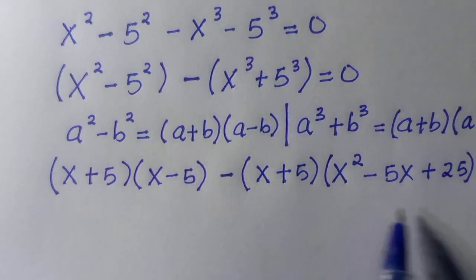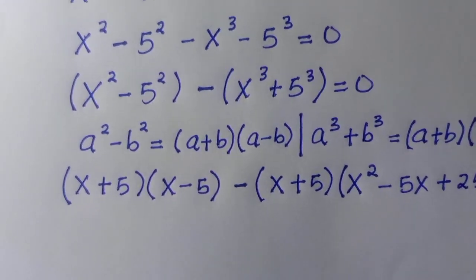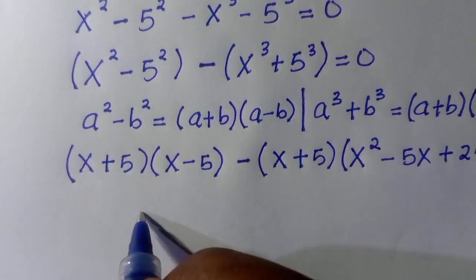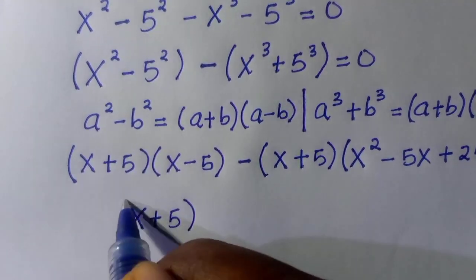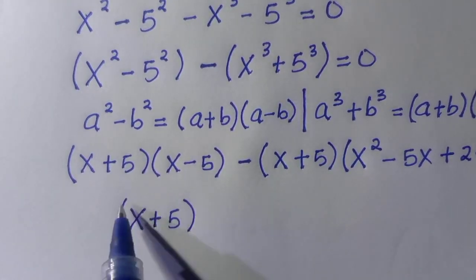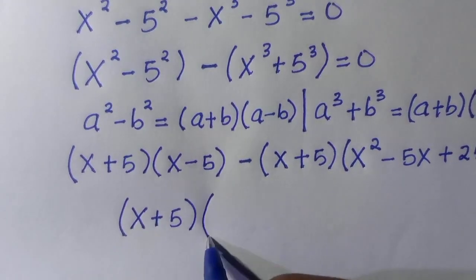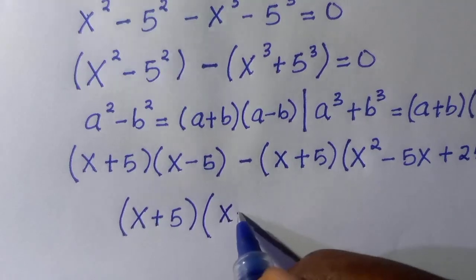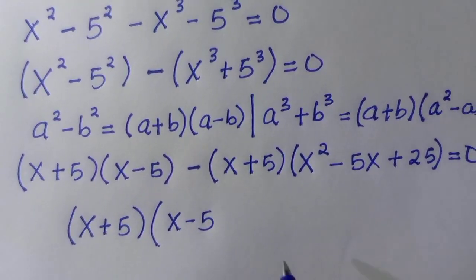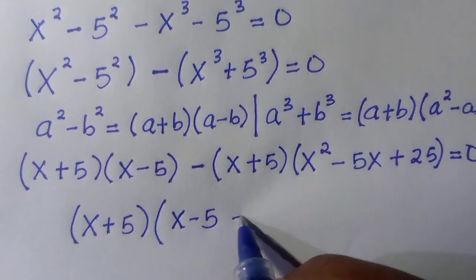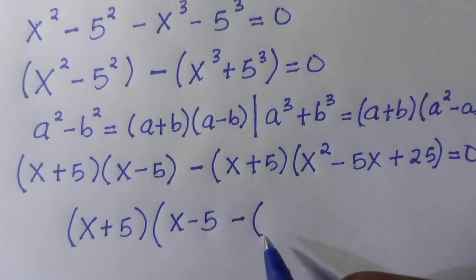And looking at this and this, what is common is x plus 5. By factoring it out, we have x plus 5 in bracket. When we divide this one by x plus 5, we are left with x minus 5. And similarly with this, we have negative open bracket.